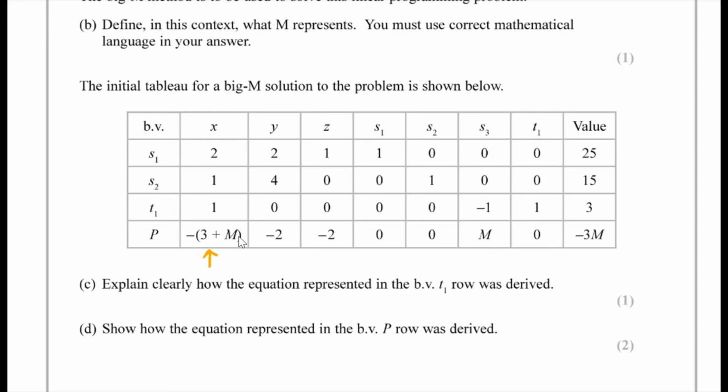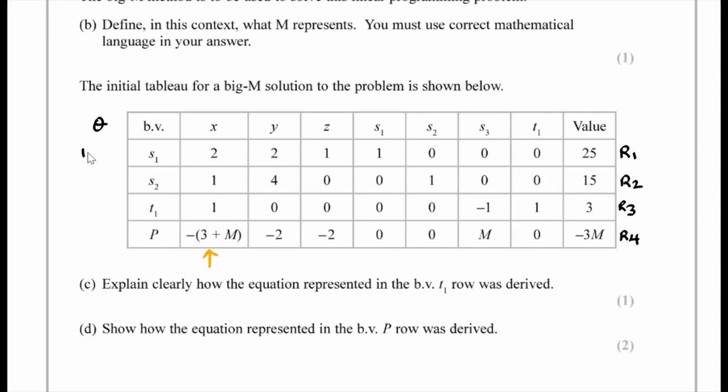And the way we can work that out is by working out values of theta. First of all, let's label this row 1, row 2, row 3 and row 4. We can work out a value of theta by dividing the value by the corresponding values in this column here.